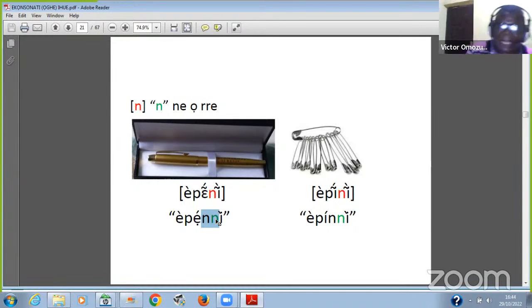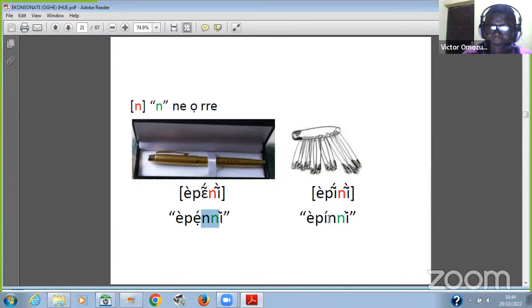So when many people are writing it, they just use a single letter, and it is completely wrong because they didn't follow the rule of syllabification. Then you also have it in a penny. That is from the English word pin, P-I-N, pin.